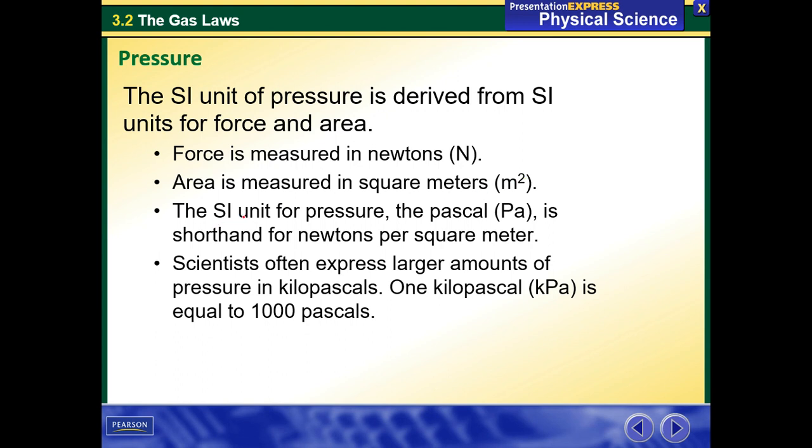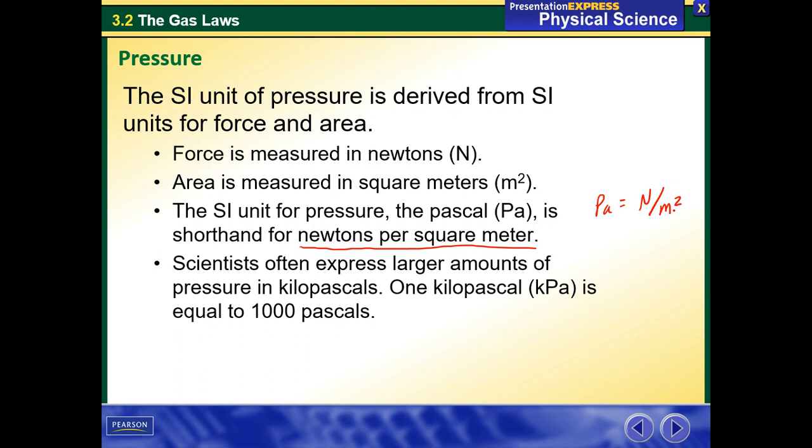And this causes our SI unit for pressure to be abbreviated Pascal, or capital P, lowercase a. Pascal is actually going to be shorthand for newtons per meter squared. So Pascal equals newtons divided by meter squared because we're taking force divided by an area.